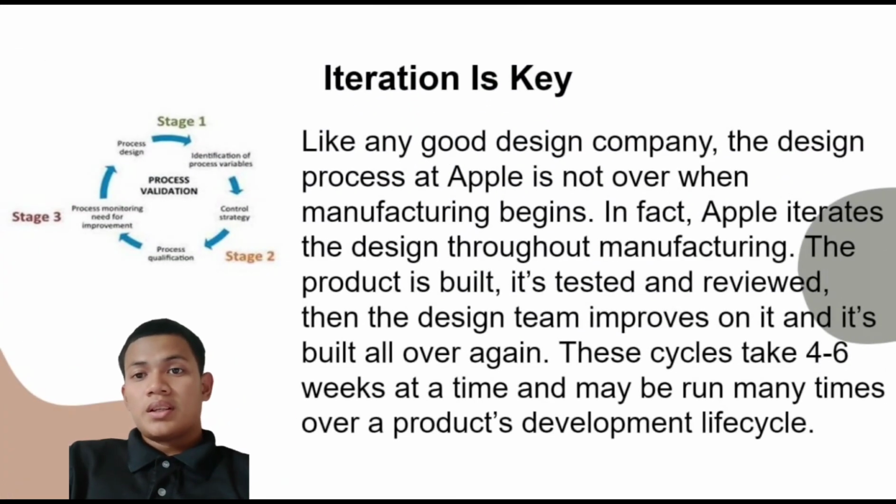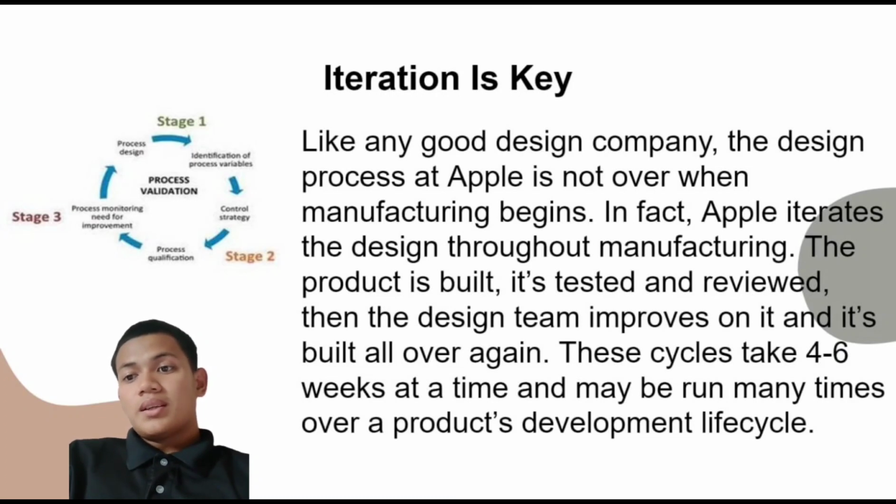Iteration is key. Like any good design company, the design process at Apple is not over when manufacturing begins. In fact, Apple iterates the design throughout manufacturing. The product is built, tested and reviewed.